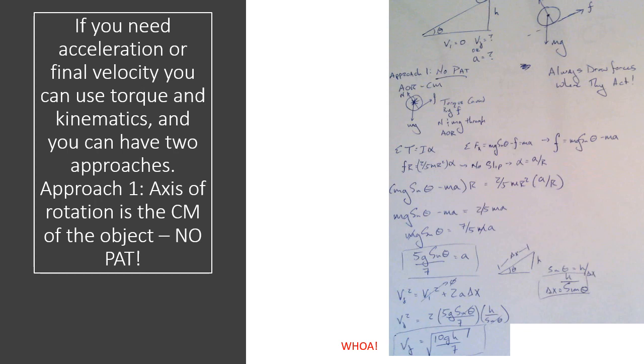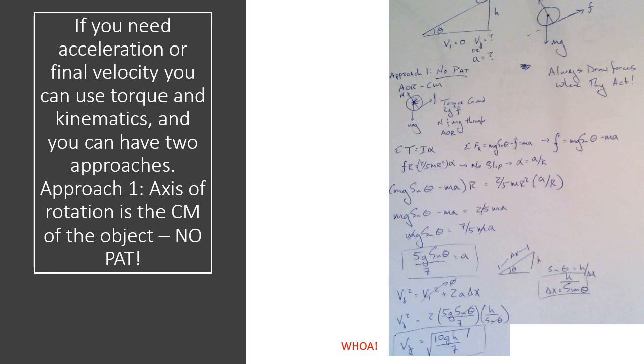So in approach 1 here, we're going to ignore parallel axis theorem. And we're just going to try to find the acceleration and the final velocity using torque and kinematics. And when we do that, that means we have to draw a free body diagram. And so remember, when you have a free body diagram, especially of rotating objects, you draw the forces where they act from.